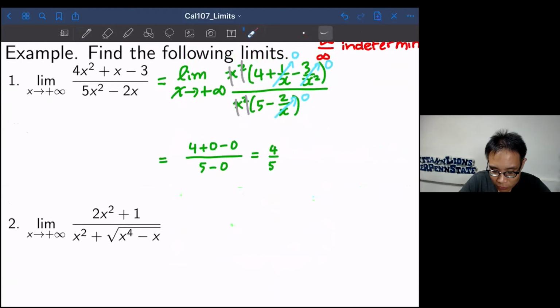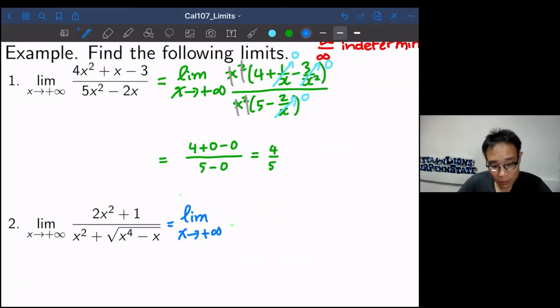So you pull the highest power out, and the highest power that you have here is the second power. So you have the limit as x goes to positive infinity, and you pull out x squared, so it's 2 plus 1 over x squared.